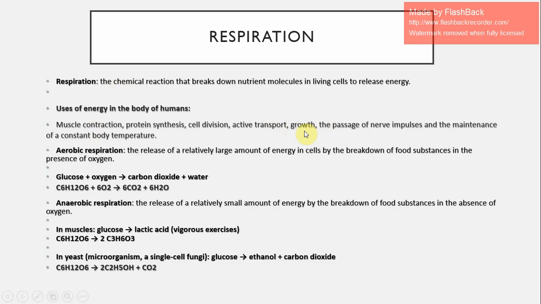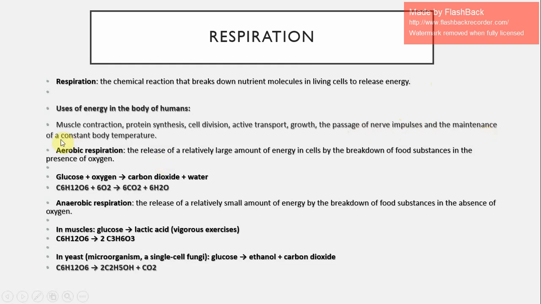Also growth, and the passage of nerve impulses. Every single order in your body is carried as electrical messages via your nerves, the nervous system. So in order to carry these electrical messages, we need energy.